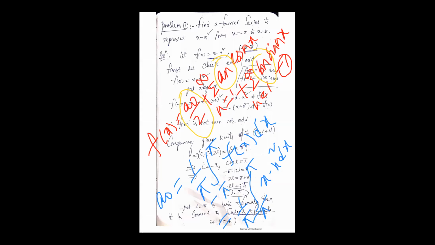So let us solve this problem on the whiteboard. a naught equals 1 by pi, integral given limits minus pi to pi, f of x value x minus x square dx.